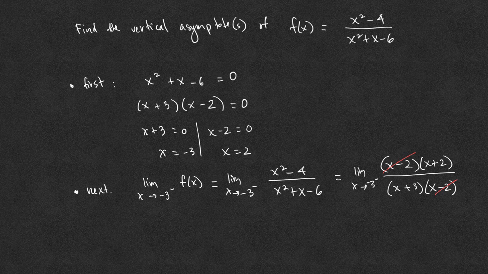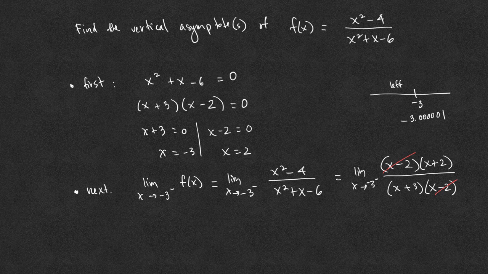Now we're going to argue this limit using the small and large numbers properties. Think of a number that is on the left-hand side of -3, and so this number can be -3.000001.